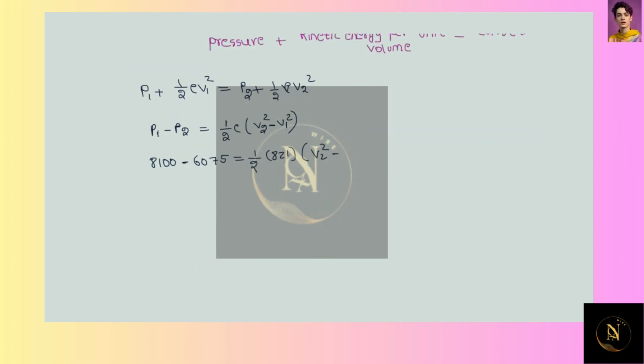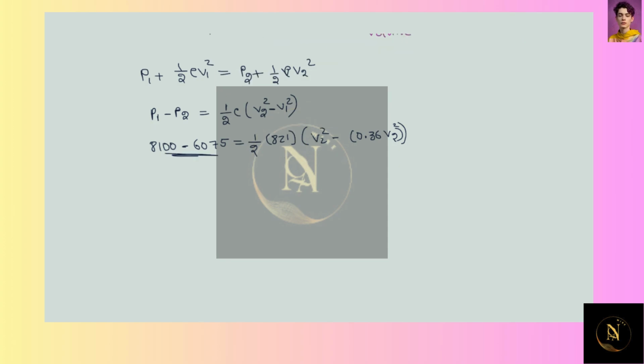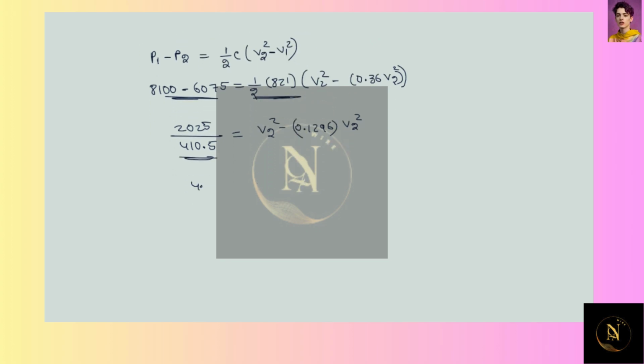On substituting here and after simplification, we get 2025 divided by 410.5 is equal to V2 square minus 0.36 whole square, which gives 0.1296 multiplied by V2 square. So on simplification of this, we get 4.933 is equal to V2 square times 1 minus 0.1296.